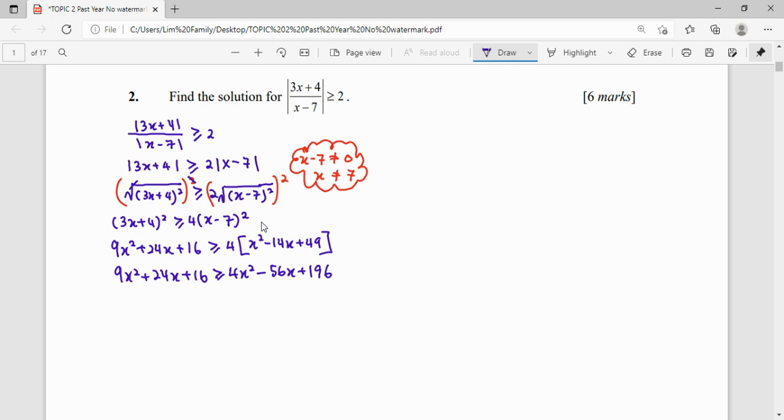After we simplify the modulus, notice that this question already changed to quadratic inequalities. For quadratic inequalities, we have to follow the rule that we rearrange the quadratic to the left hand side and let the right hand side become 0. So I will move this 4 to the left hand side. It will give us 5x squared.